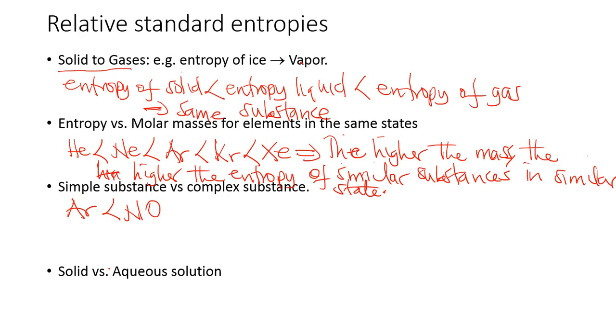So complexity will give you information about entropy. Nitrogen monoxide is less complex than nitrogen dioxide, which is less complex than dinitrogen tetraoxide. So dinitrogen tetraoxide has the highest entropy here because it is the most complex.